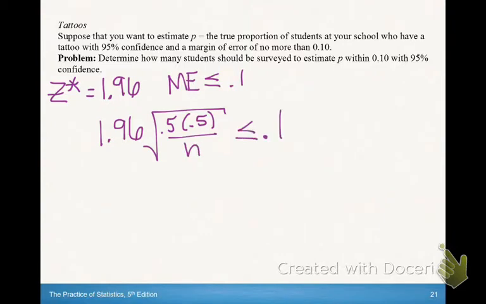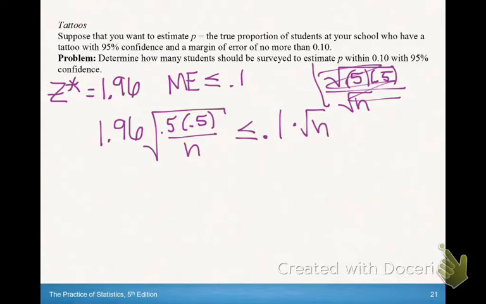So the math behind this is you're thinking of this as the square root of 0.5 times 0.5 over the square root of n. So picture that. What I'm doing is multiplying this side by the square root of n and this side by the square root of n, and that cancels these. So I now have, let me get my calculator out.